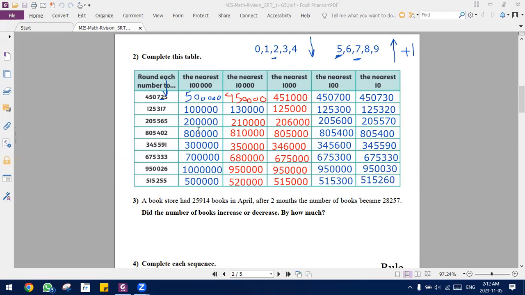So this is about rounding. It's always the same steps that you should follow. Just make sure that you understand the place value, and then you check to the nearest what. Okay, next question.